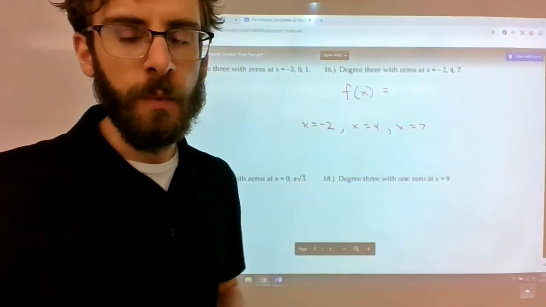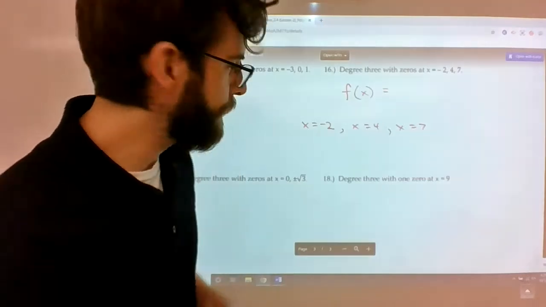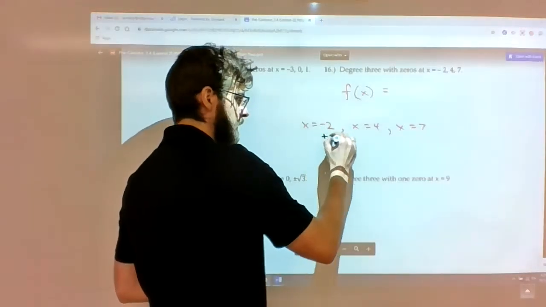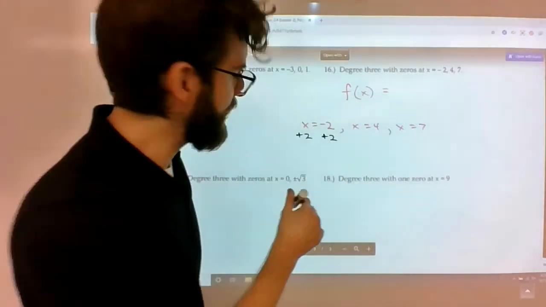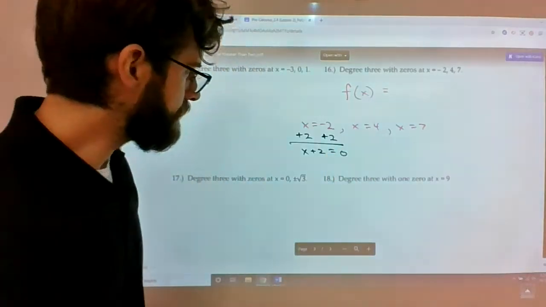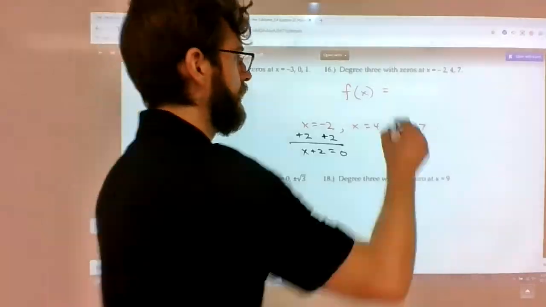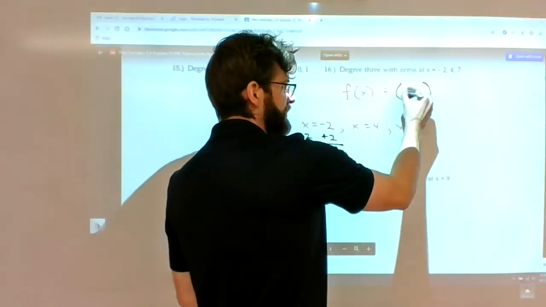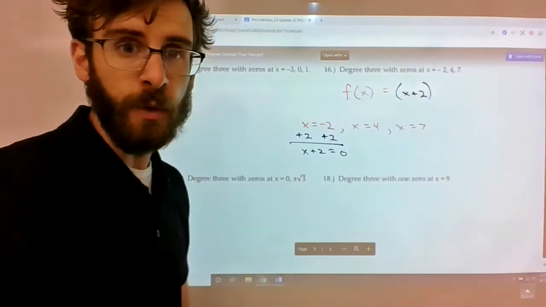Here's what I mean. When you solve an equation, you get x by itself, right? What if we brought the constants back on the same side as x? That means that one of my factors is x plus 2 when you set it equal to 0.